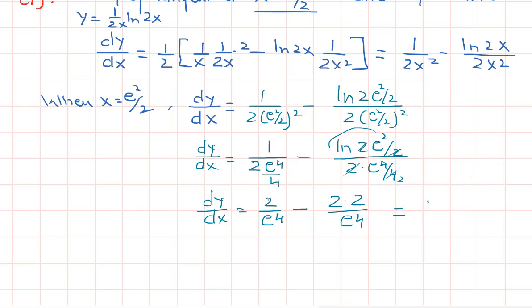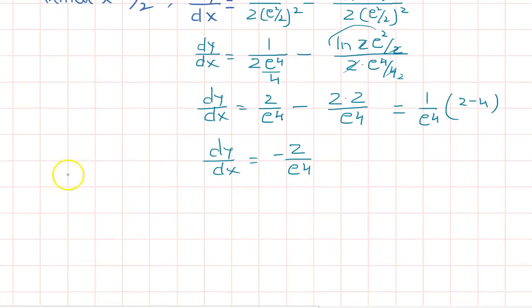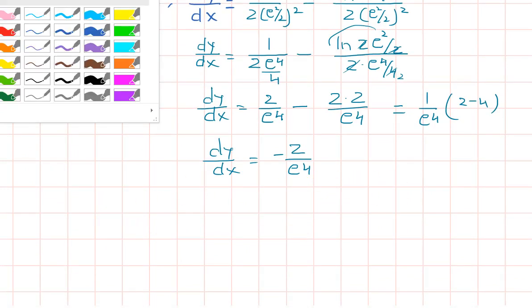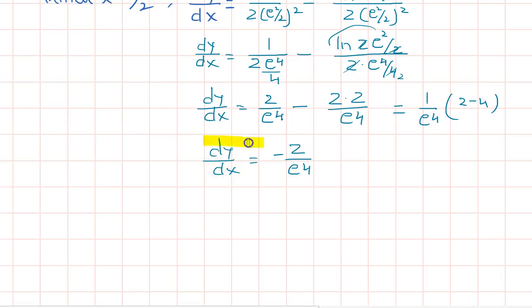So that is 1 over e to the power 4 common, 2 minus 4. So dy over dx will be minus 2 over e to the power 4. That is one thing. Now we have got dy over dx. To find the equation of the tangent, we need this.